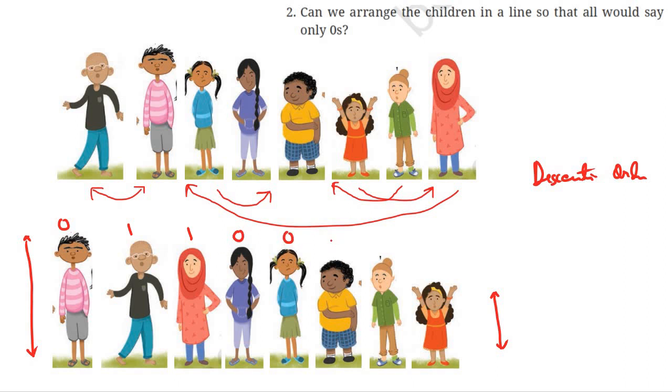Again 0, again 1, again what he will say, almost at the same height, so 0, and she will say again 1. Okay, now you see, all of them can only say 0 if they have the same height, right? Other than that, this is only possible in the case of same height, but here they don't have, so this is not possible actually.